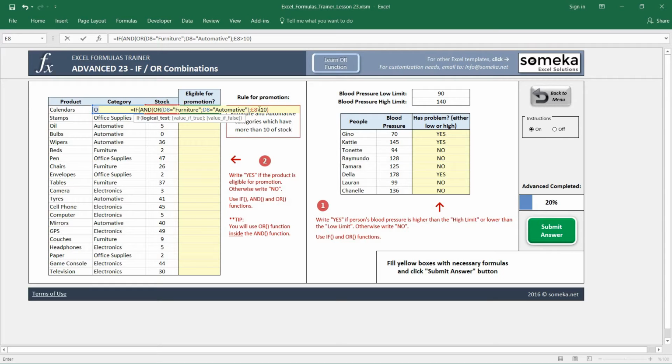And in the stock check, we have only one comparison, which is more than 10. So if all this logical test is correct, we come back to our IF and write yes. If this is not correct, we write no.